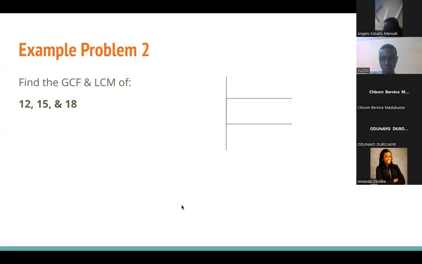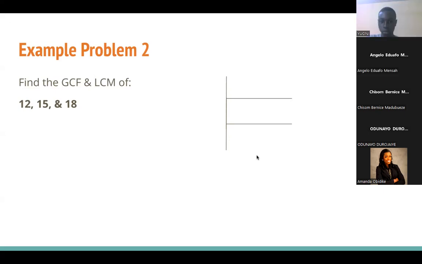Okay, it seems like everyone is struggling with the LCM, so I'll give another minute, but I will give you a hint. So I'll work out the cake method for you, and then I'll let you find the GCF and LCM. So we'll start off with our numbers 12, 15, and 18, and we can pull out a factor of 3 from all of them.